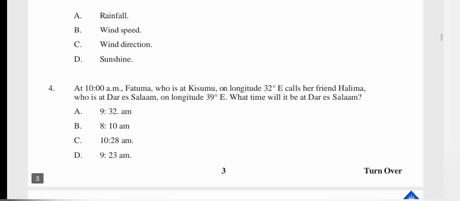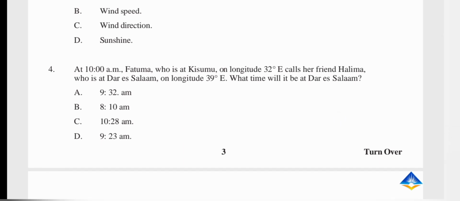Number 4, at 10 o'clock a.m., Fatuma, who is at Kisumu on longitude 32 degrees east, calls her friend Halima, who is at Dar es Salaam on longitude 39 degrees east. What time will it be at Dar es Salaam?